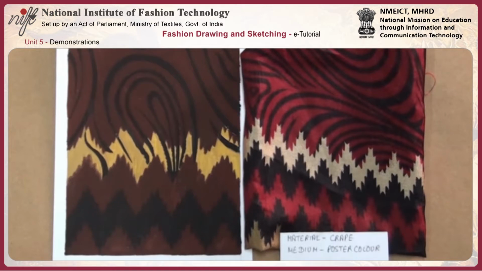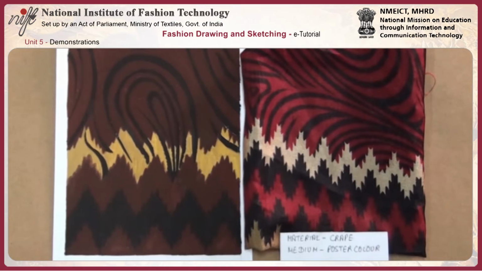Here you are watching a rendering done using poster colors. Material kept for reference is crepe. Crepe is nothing but a crisp fabric. Here you can see that the fabric has a lot of red, dark red, black and yellow.